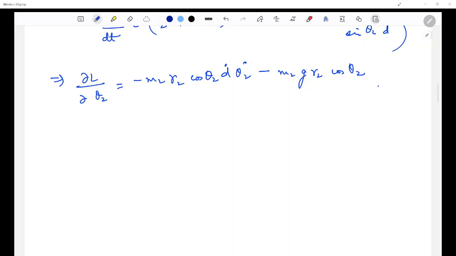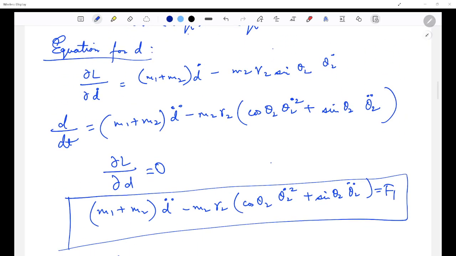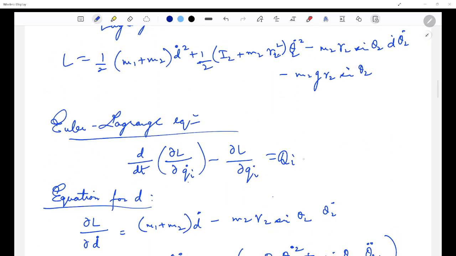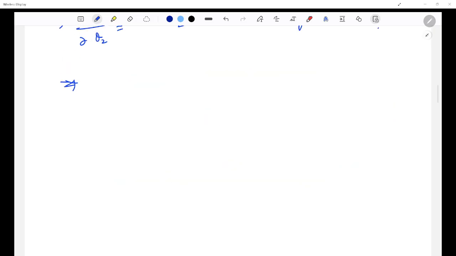So what is the final equation coming from here? You have to put all of these here and then equate it to the torque, because torque is your external wrench acting.